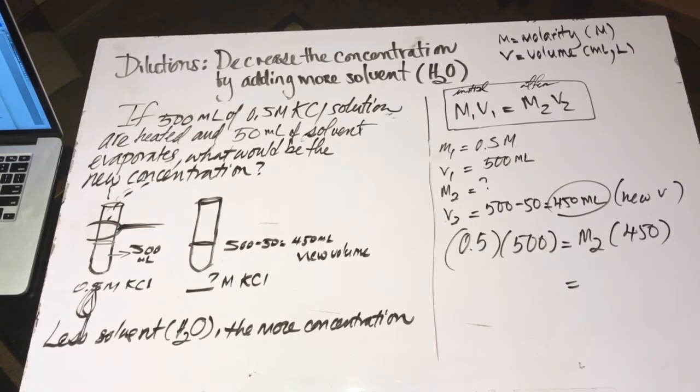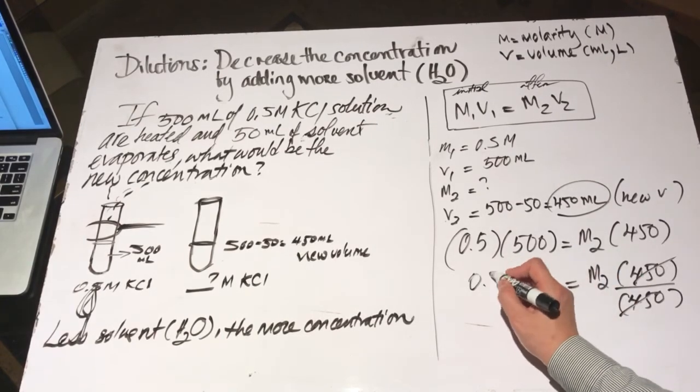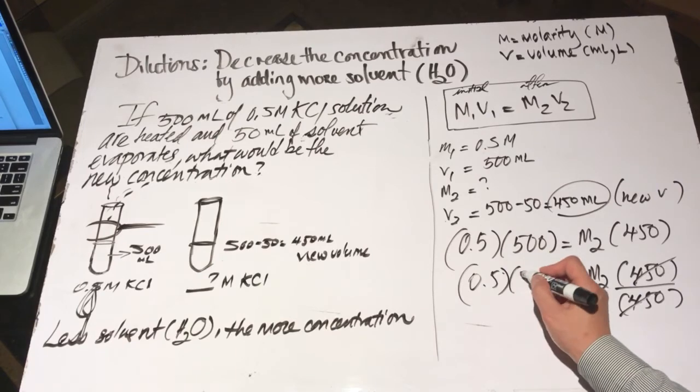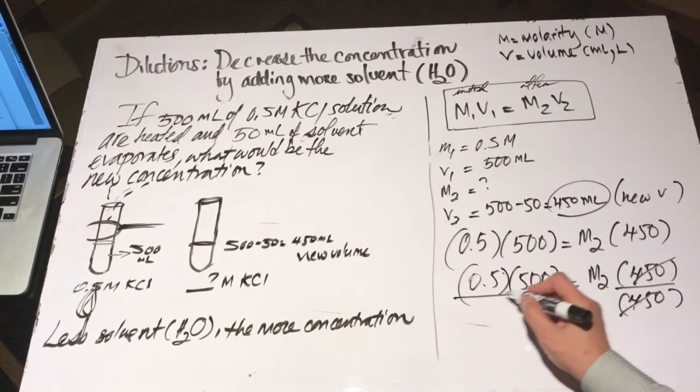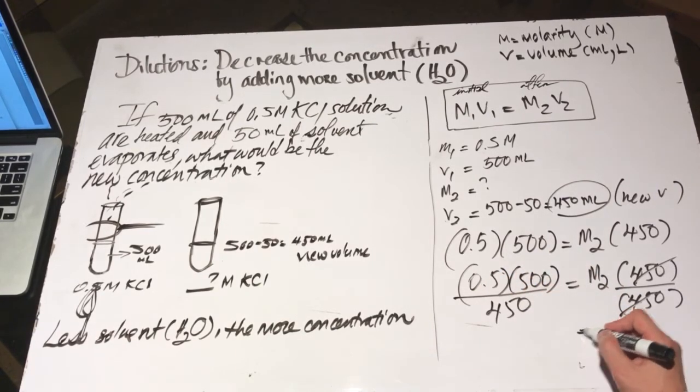Same thing. We are trying to figure out what M2 is. M2 equals 0.5 times 500 divided by 450.